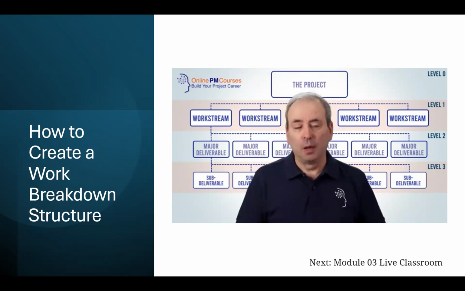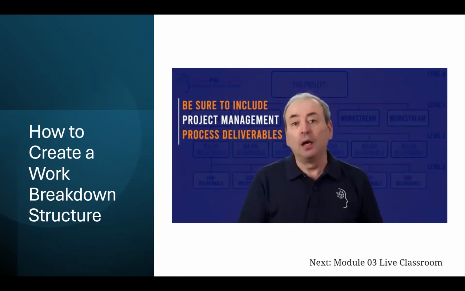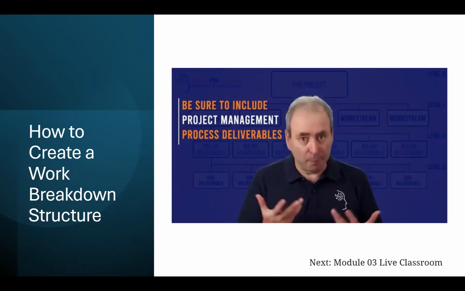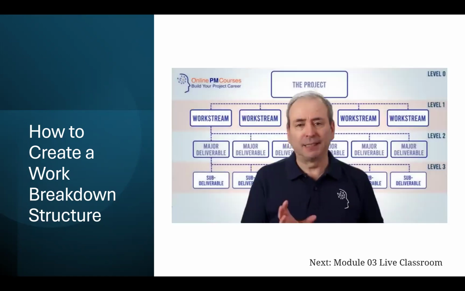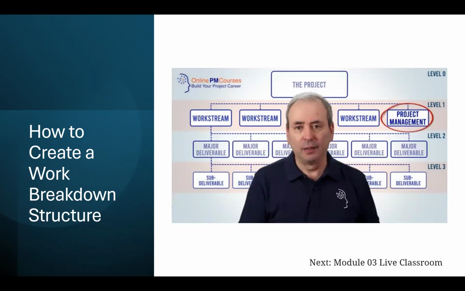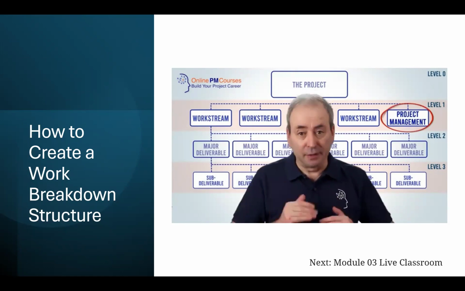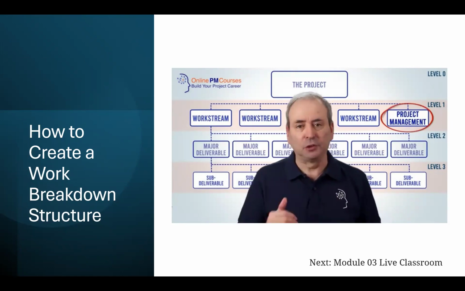Be sure to include project management process deliverables, the artifact of project management. And one way to do that, of course, and my preference, is to set up a project management heading at the key line level. That way, you can decompose your approach to project management into a number of major and then sub-deliverables at levels 2 and 3.